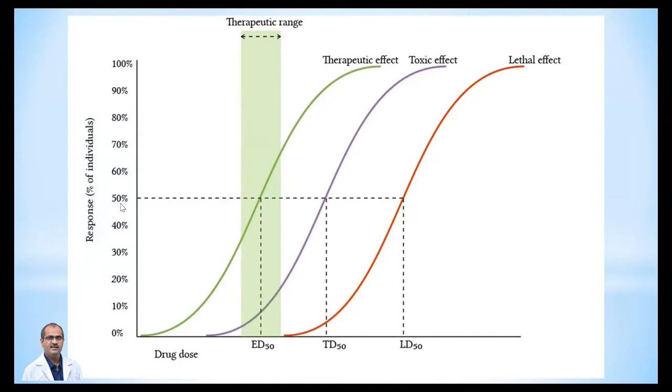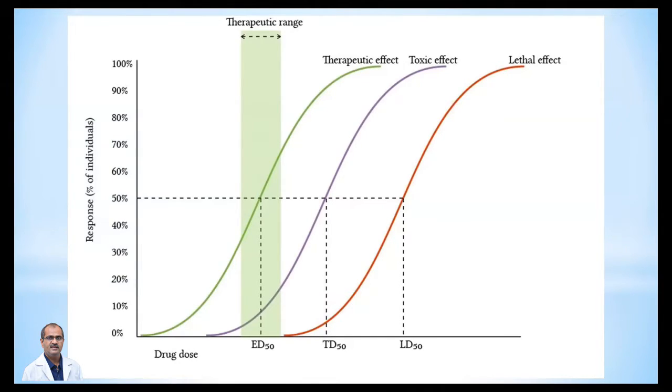Here the same drug is plotted in the usual dose. Usual dose means therapeutic dose. So this is known as the therapeutic range, from this dose to this dose.